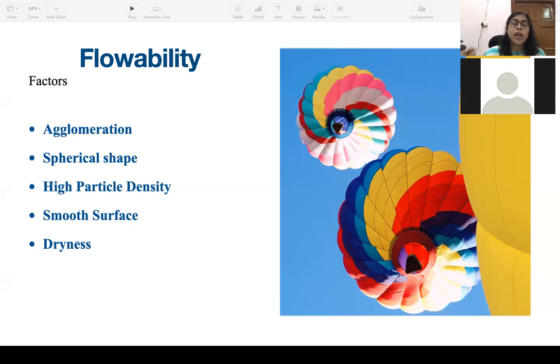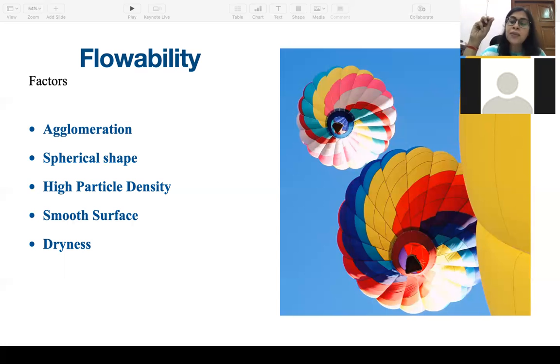Now, in order to increase flowability, certain free-flow agents are added to the milk powder, such as calcium silicate and sodium aluminum silicate. You know, silicate absorbs water. We have silica gel packets in instruments, in shoe boxes. We have seen those packets. So these silica gels, basically silicates, absorb the surrounding atmosphere humidity.